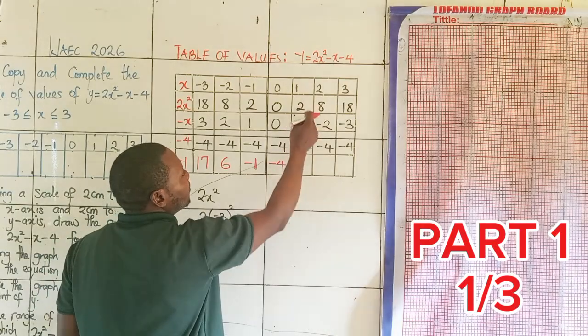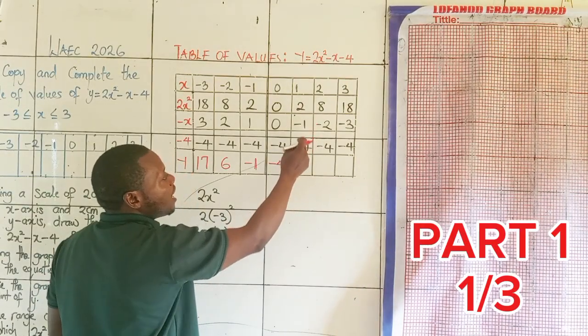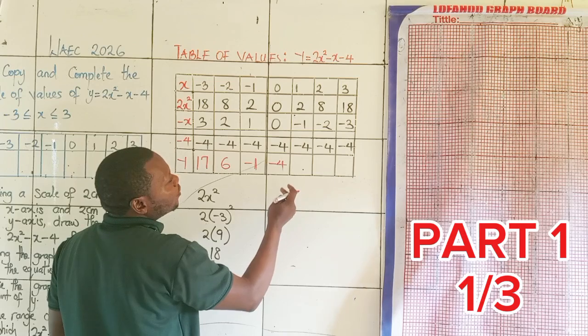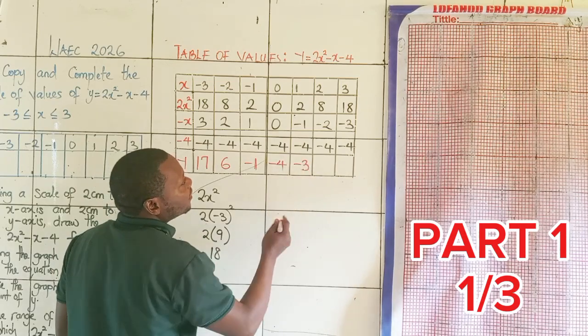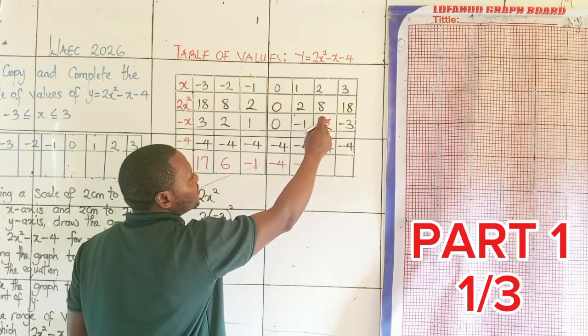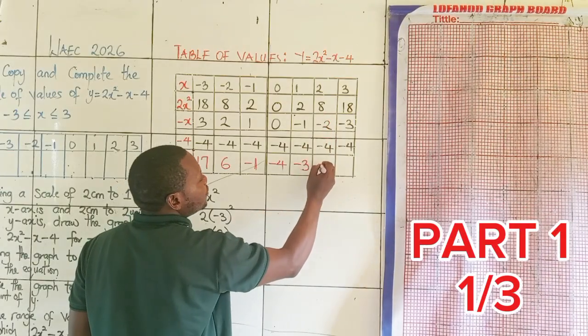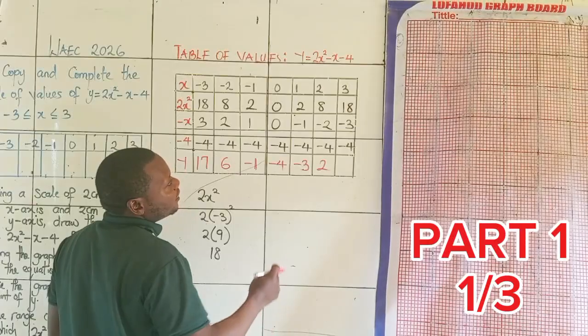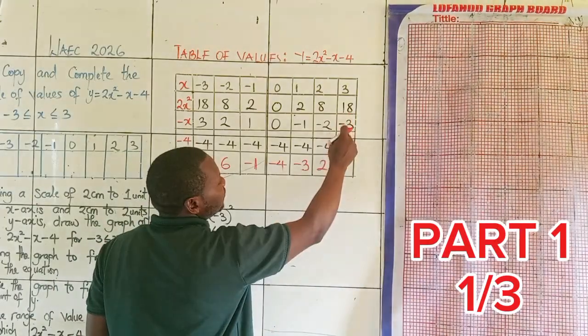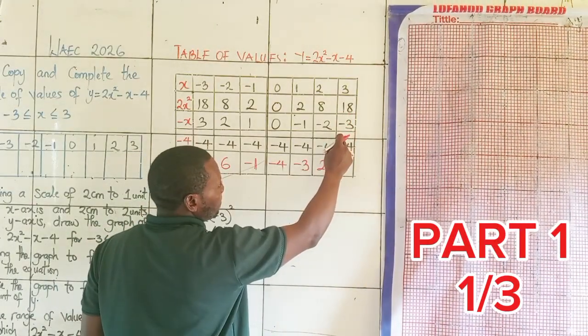Then 2 minus 1 is 1, and 1 minus 4 will give us -2. Then 8 minus 2 is 6, 6 minus 4 is 2. Then 18 minus 3 is 15, and 15 minus 4 is 11.